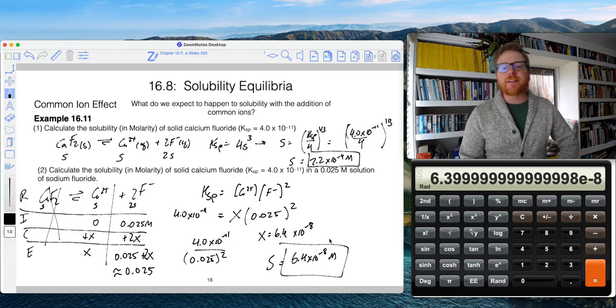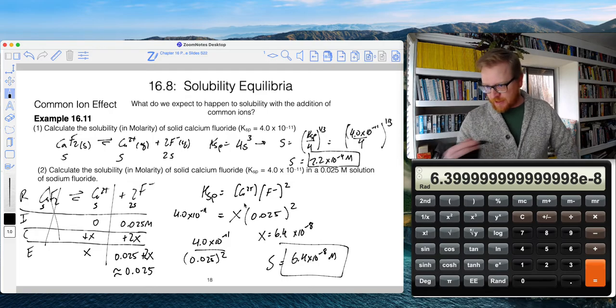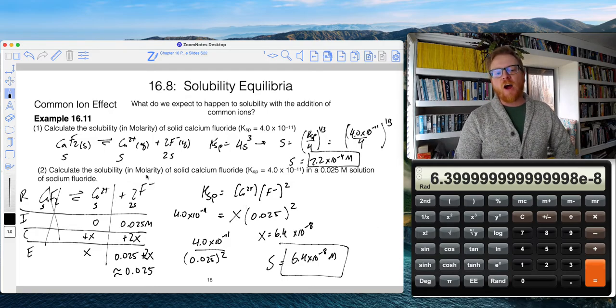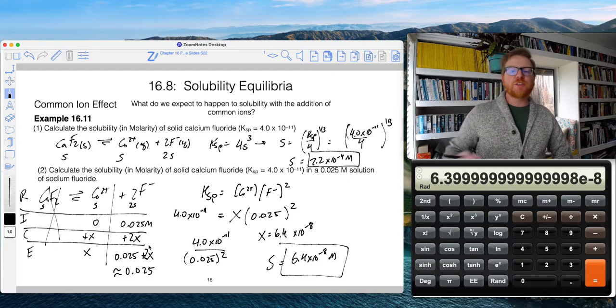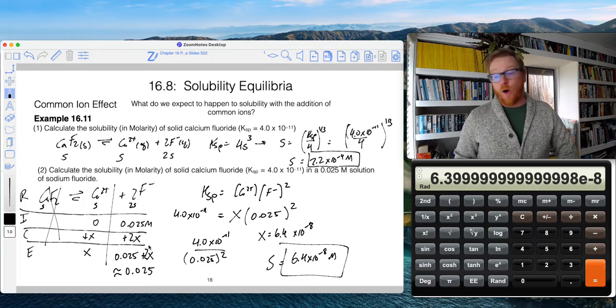And so if you think about this, what's happening with this common ion effect and Le Chatelier's principle, because I already have such a large excess of fluoride, my solution can't really hold a whole lot of extra calcium fluoride because I already have such a large abundance of fluoride. And in fact, if we think about this, right, my value of X was 6.4 times 10 to the minus 8.